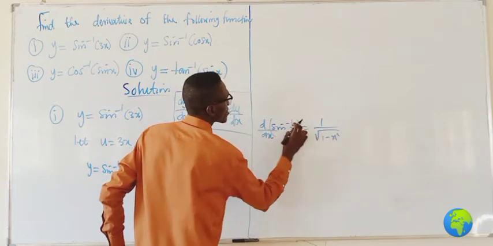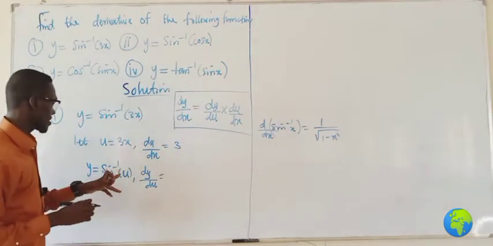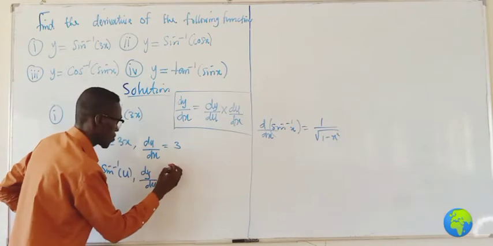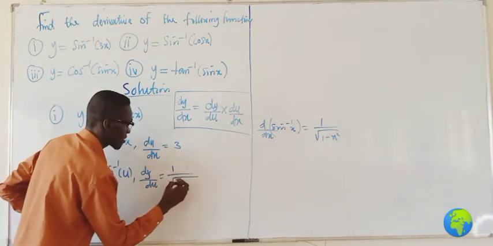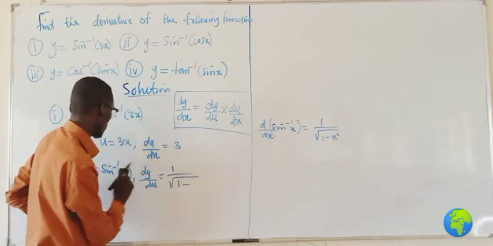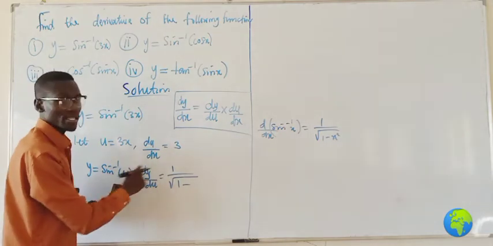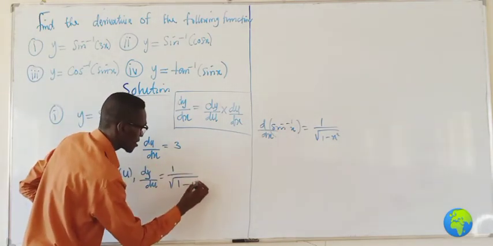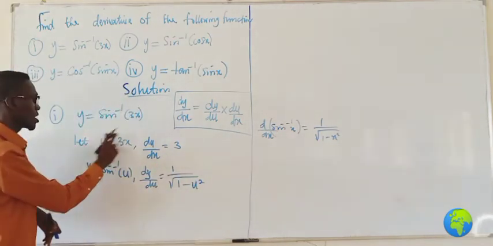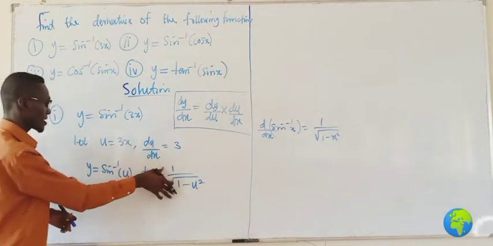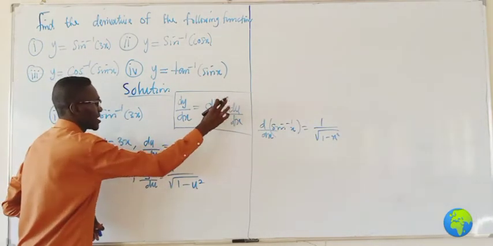I'm putting x squared here because it's x here. So in place of x, I'm putting u, because this time around it's u, not x. So dy/du is 1 over square root of 1 minus u squared. So we have u, du, y, and dy.